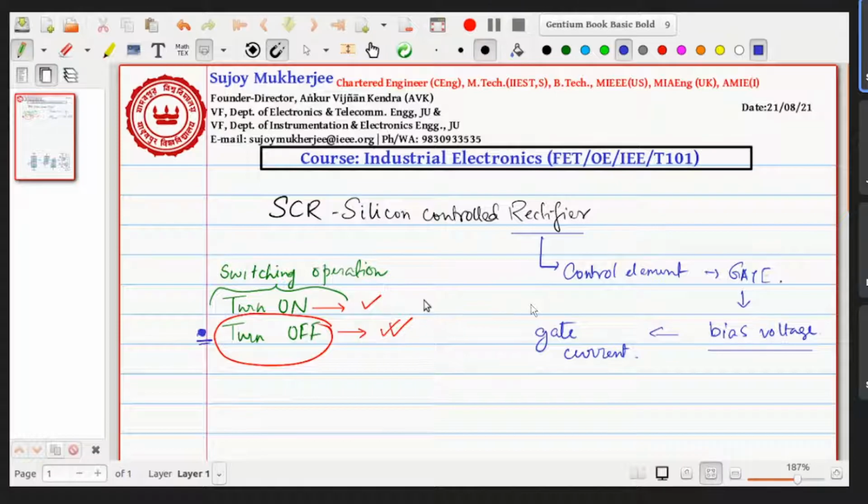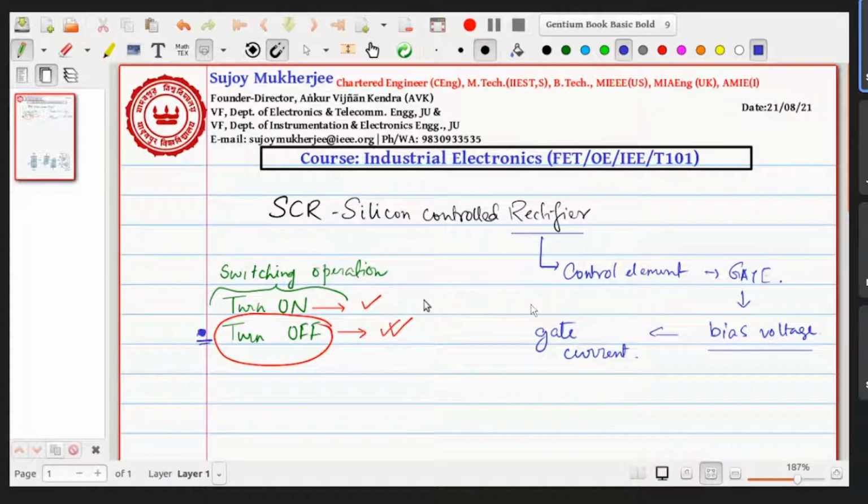So further, we are trying to control the rectifier by using the gate bias voltage, that in turn controls the gate current, and accordingly it will go from the off state to the on state. It's like a control rectifier which is being operated in many power control devices.